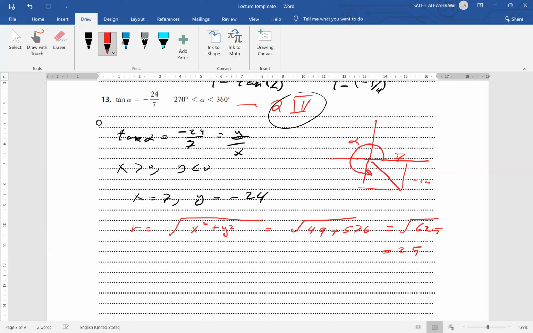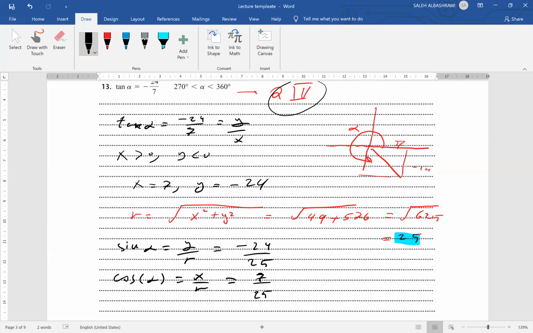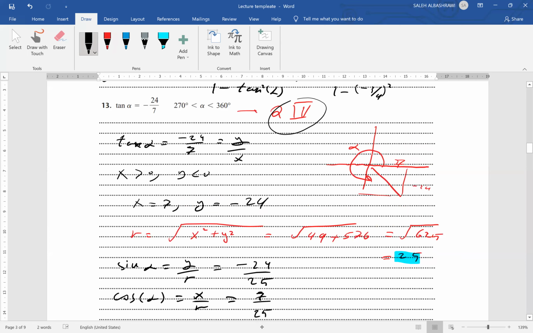So r is equal to 25. We have r. So I can find now sine alpha, which is y over r. That will be minus 24 over 25. Cosine alpha is x over r. That will be 7 over 25. And tangent is already given, minus 24 over 7.